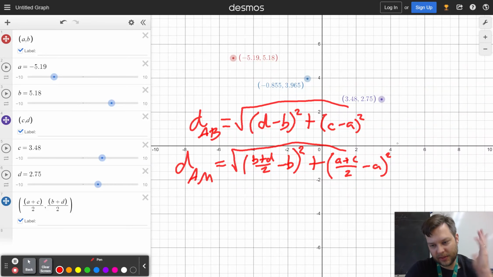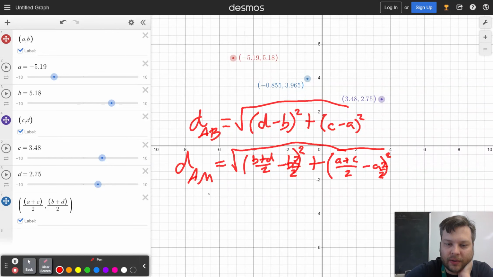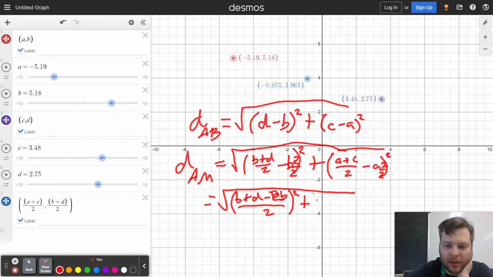I'm going to do basically the same thing that I did with the slope proof. I'm going to multiply by 2 over 2 to make a common denominator. So now I have the square root of b plus d minus 2b over 2 squared, and here I have a plus c minus 2a over 2 squared.